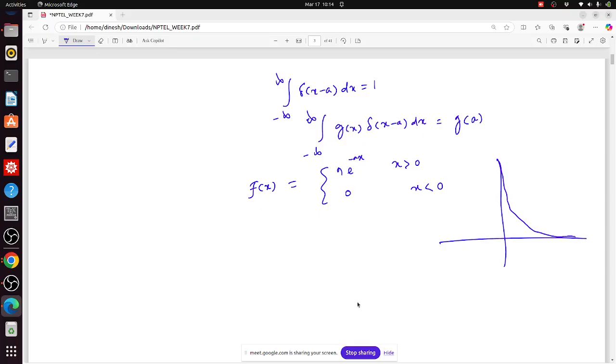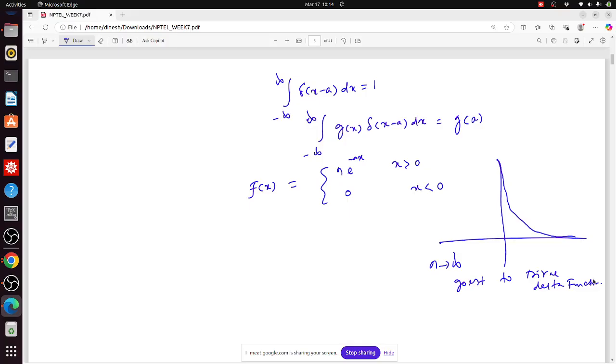It can be shown that this sequence too, in the limit of n tends to infinity, goes to the Dirac delta function. This can be verified with the key integral properties.